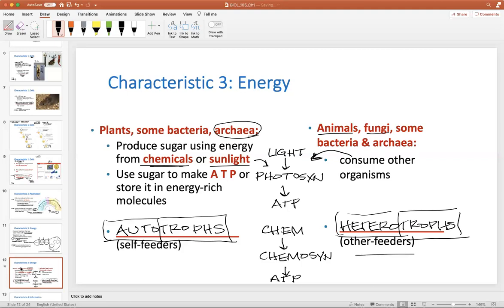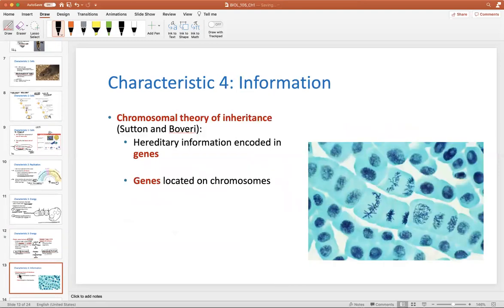All right, moving on. Let's talk about the next characteristic of life. So far we've talked about 3, right? Let's go back. Characteristic 1 is that all living things are composed of 1 or more cells. Characteristic 2 is that those cells have to be able to replicate, right? Characteristic 3 is that they require energy.